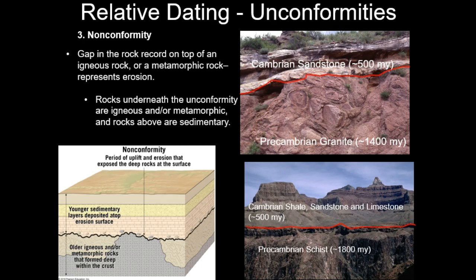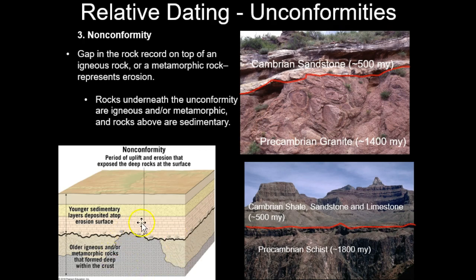Then there must have been erosion of the overlying rocks on top of these, and probably some erosion of the igneous or metamorphic rocks as well. And then there was the deposition of the overlying horizontal sedimentary rocks.